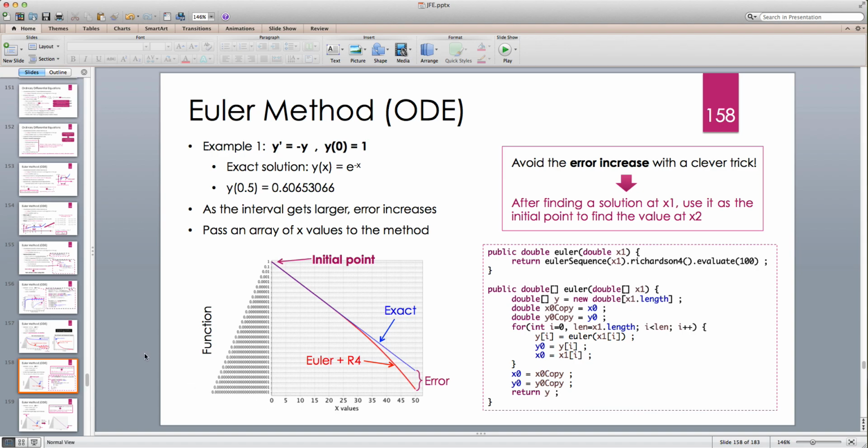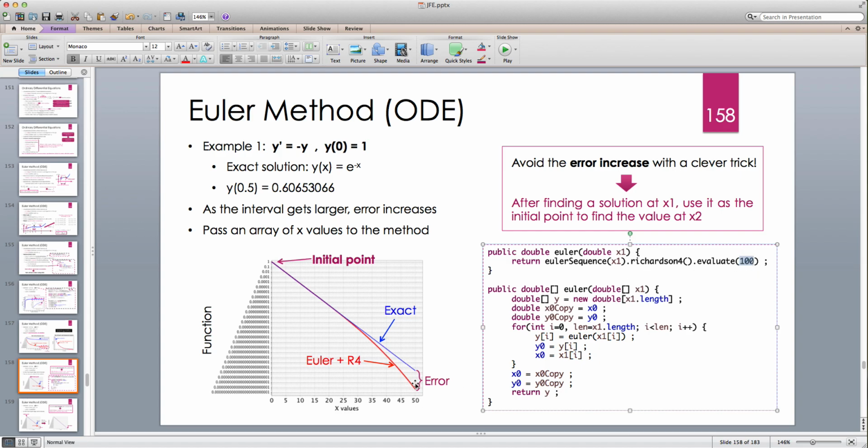And the reason for that is because in my code, if you look at the Euler method that calculates the value, it gets the Euler sequence, does a Richardson acceleration, but it always finds the sequence at a fixed point, the 100th term of the sequence. And because the error grows with b minus a, the length of the interval, one way to remove this problem is to increase this 100th term.